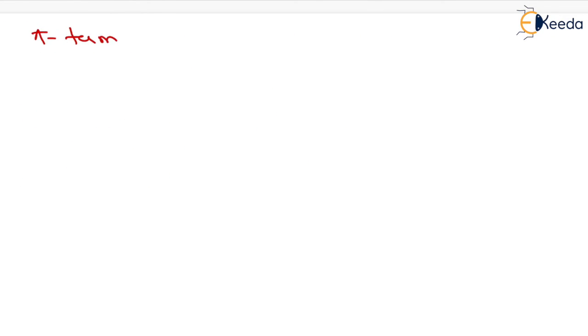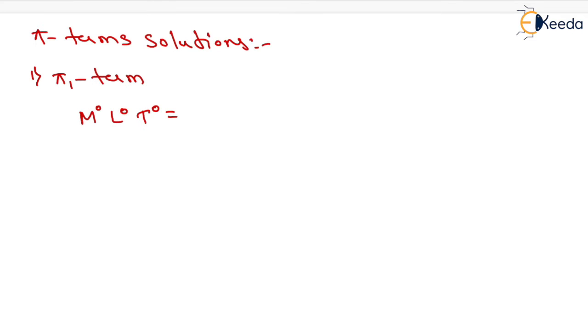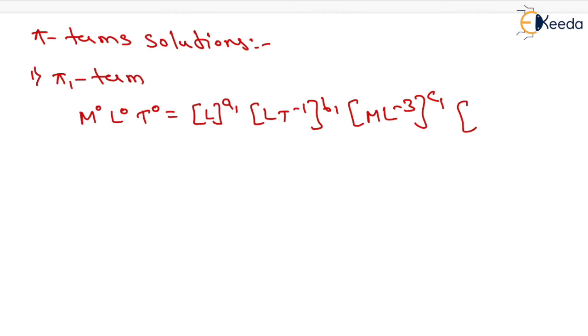So the pi term solution is given as, the first one is the pi 1 term. Now M0 L0 T0 will be equal to L to the power a1, similarly LT to the power minus 1 to the power b1, similarly ML to the power minus 3 to the power c1, and MLT to the power minus 2.